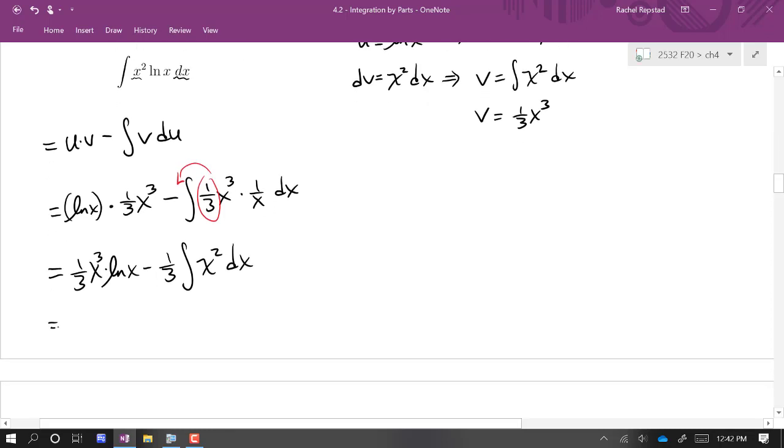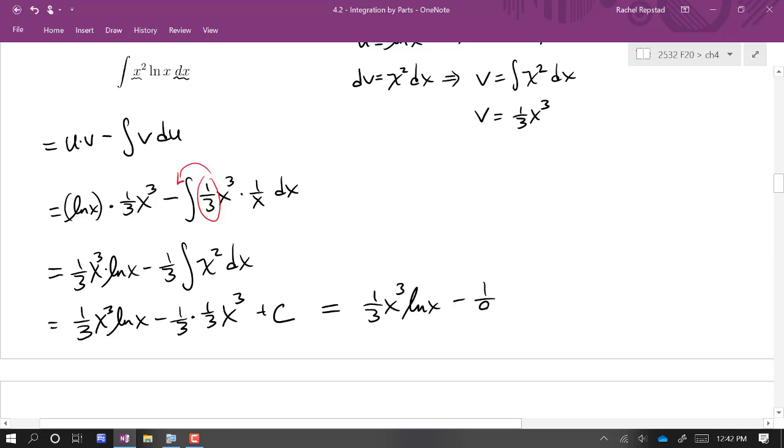So we get 1/3 x cubed ln x minus 1/3 times 1/3 x cubed plus a constant. And just rewriting this one more time: 1/3 x cubed ln x minus 1/9 x cubed plus a constant.